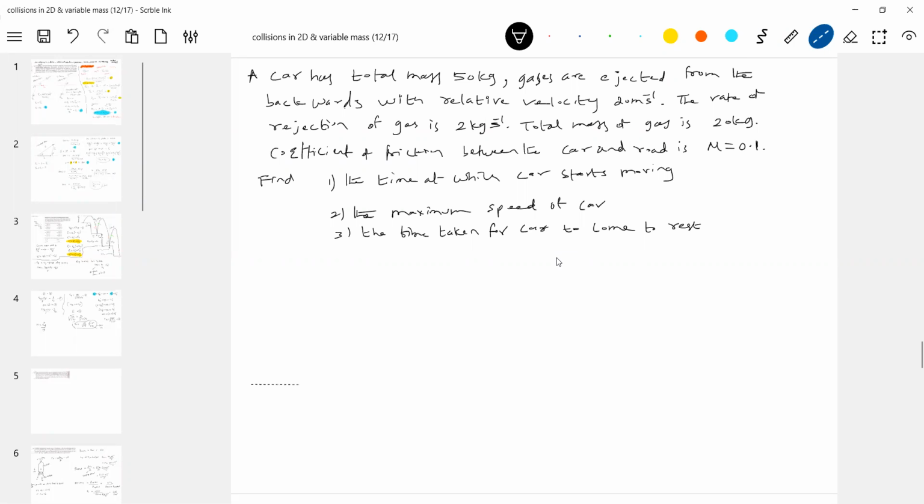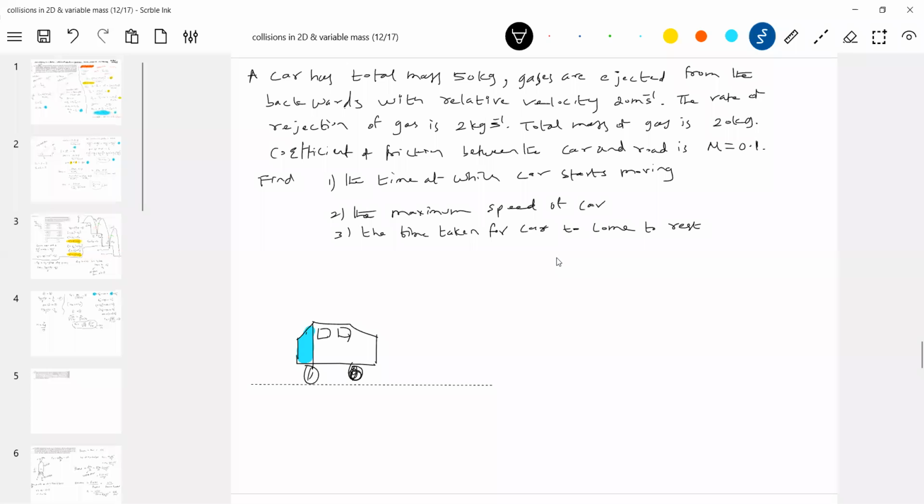So initially this is the fuel part. Rough, it may not appear like a car. Okay, assume it to be a car.